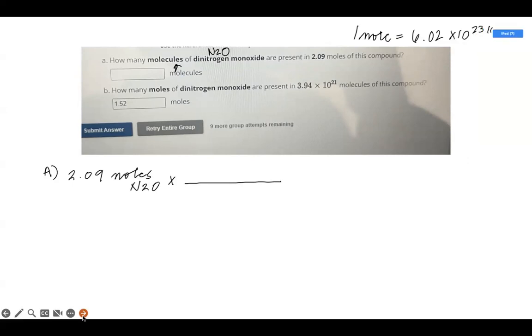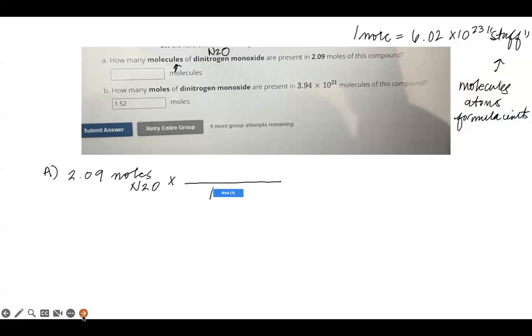And I like to say stuff because we can insert here anything that basically the problem asks us. So we could insert molecules, we could insert atoms, we could insert, I think formula units is another one they use, right? So here it applies to molecules, so we can insert molecules.